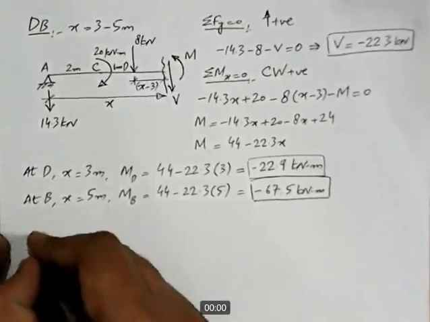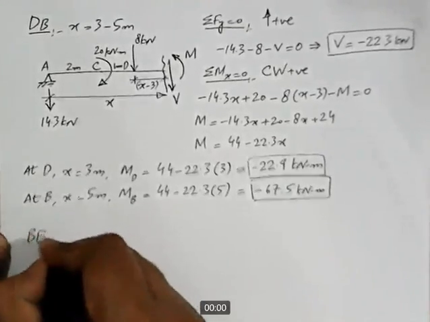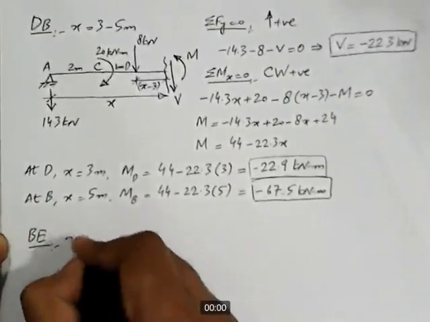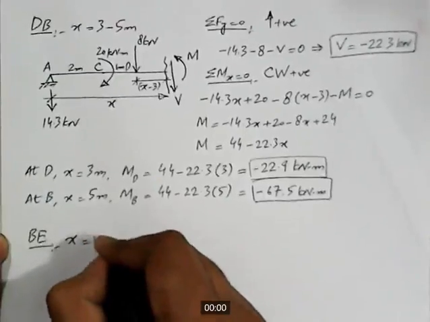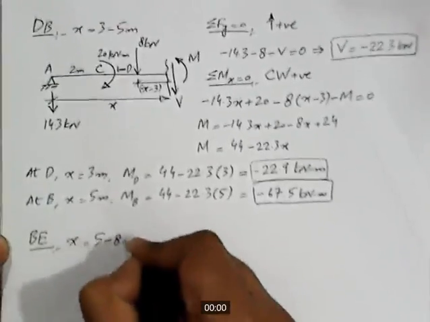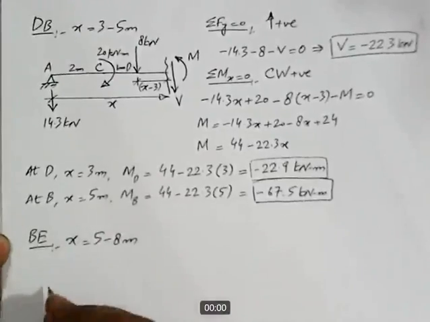Now the last portion BE. X ranges from 5 to 8 meters. Let's draw the free body diagram.